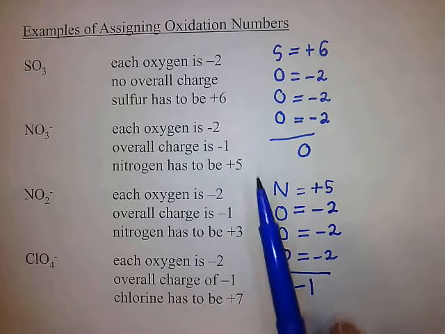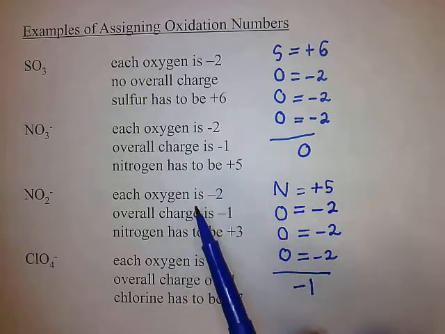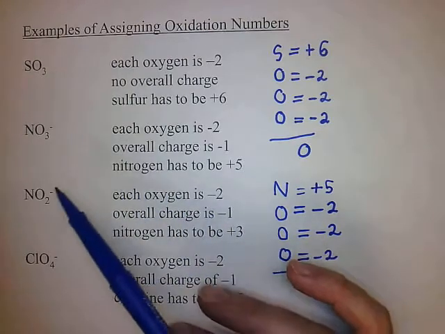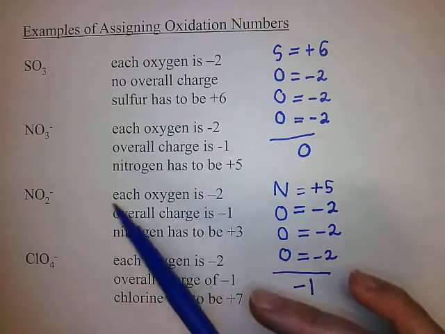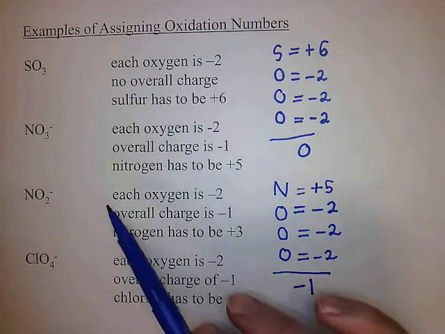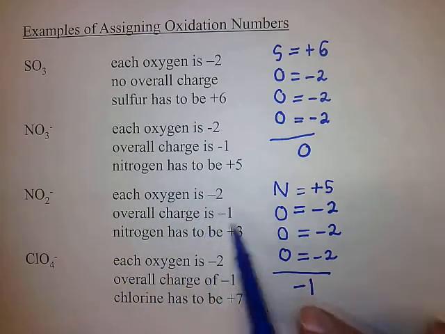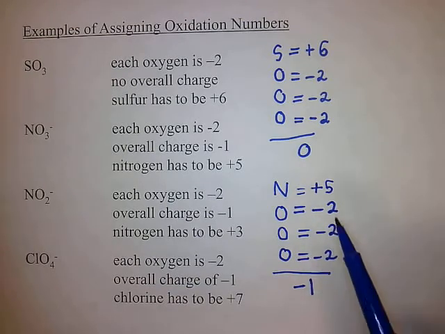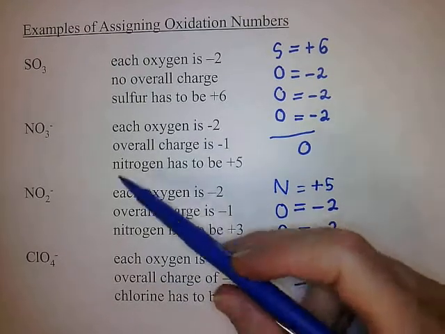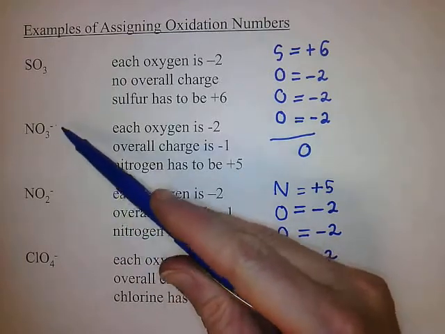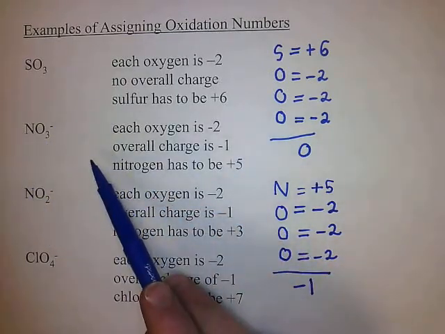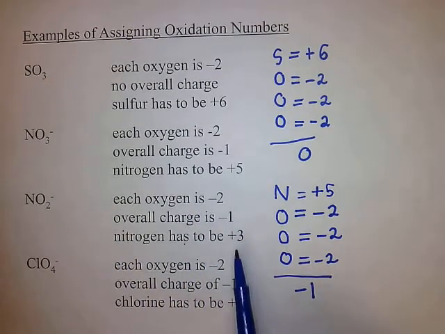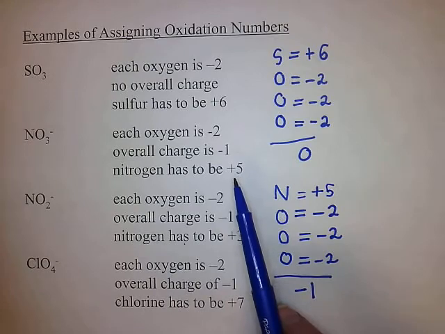And now you should be able to see why, with one of my previous slides, I said, all things being equal, when you increase the number of oxygens, you increase the oxidation state. This is why, because oxygen is always -2. So NO2 minus to NO3 minus is an oxidation of the nitrogen from +3 to +5.